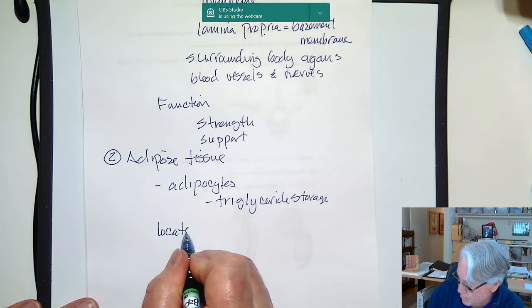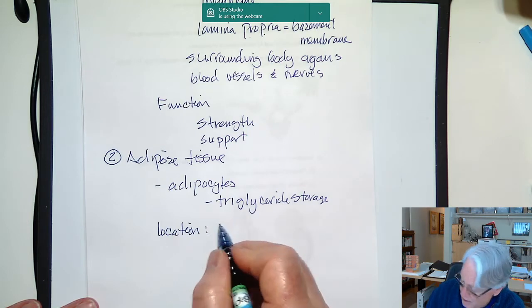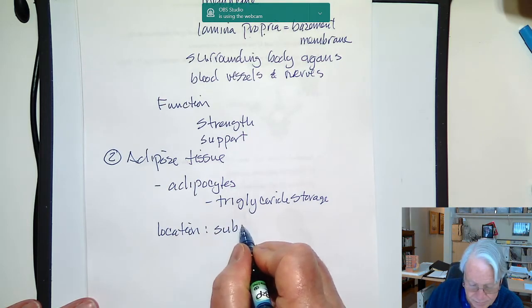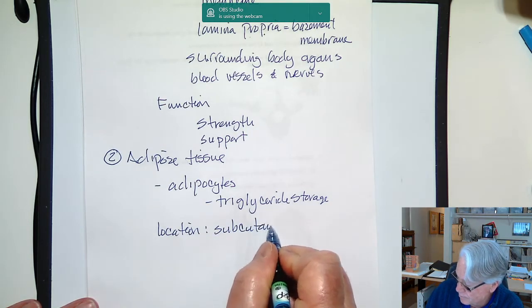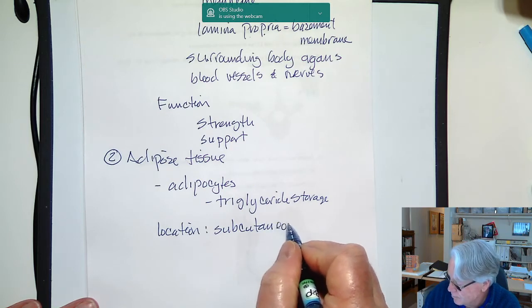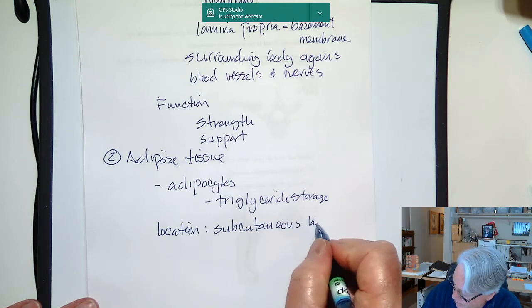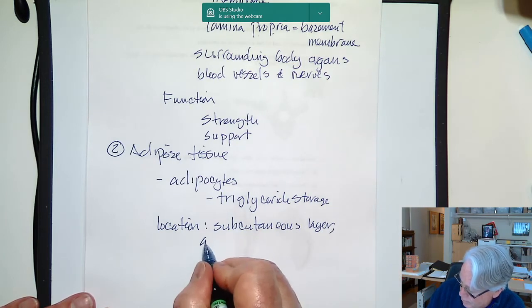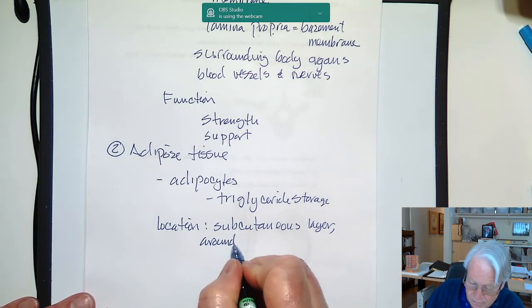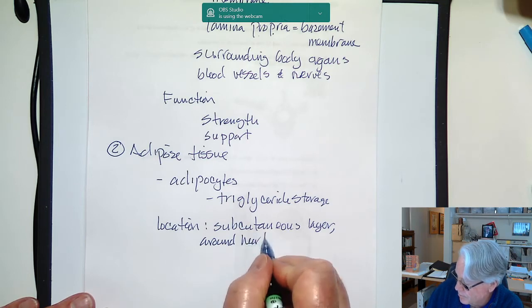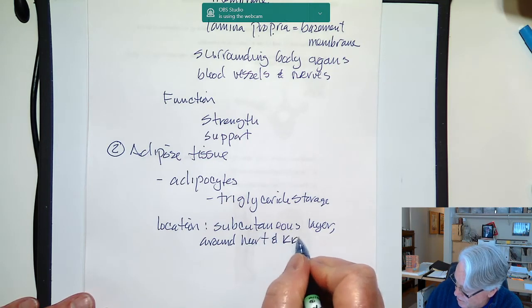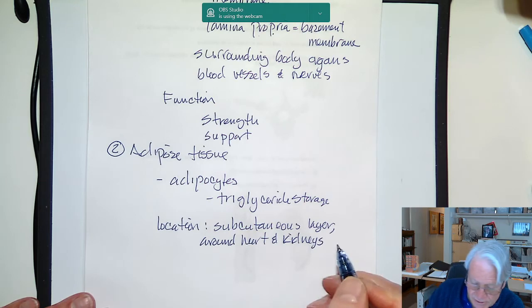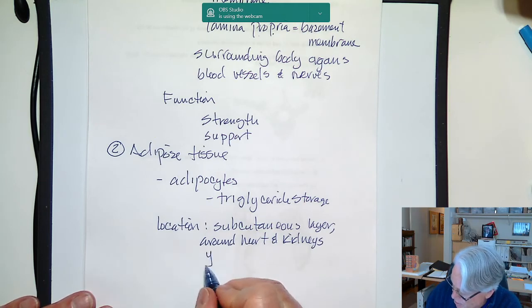Location, subcutaneous layer that is deep to the skin, around the heart and the kidneys. Okay. Also yellow bone marrow.